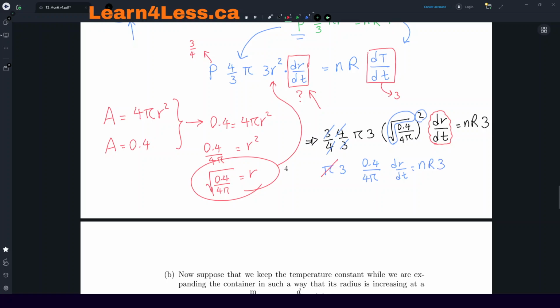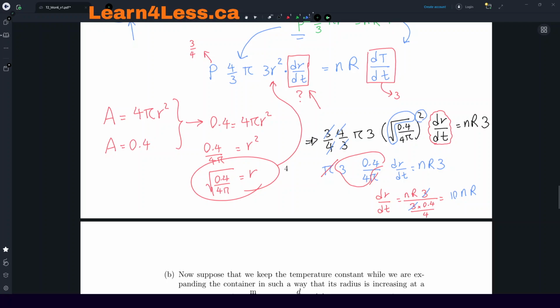So I cancel this pi with this pi, and I divide both sides by this. I get dr over dt is equal to n r 3 divided by 3 times 0.4 over 4, which if you simplify that, you see that these 3 and these 3 get cancelled, and overall you would get n r times 10, and that 10 is coming from these two when you simplify that.